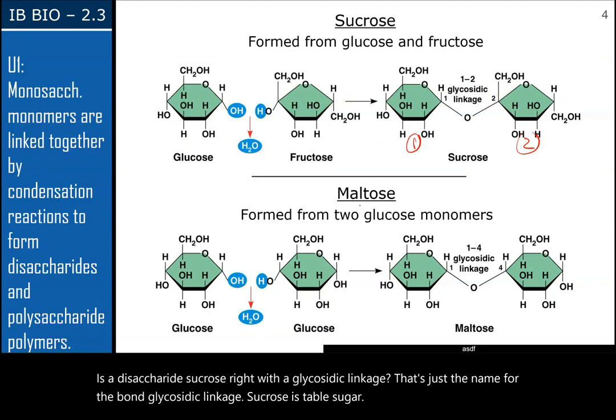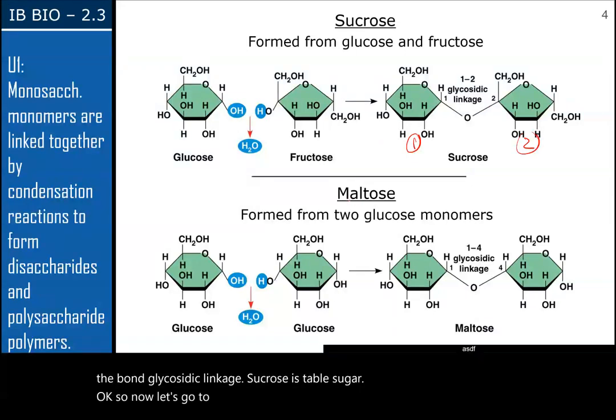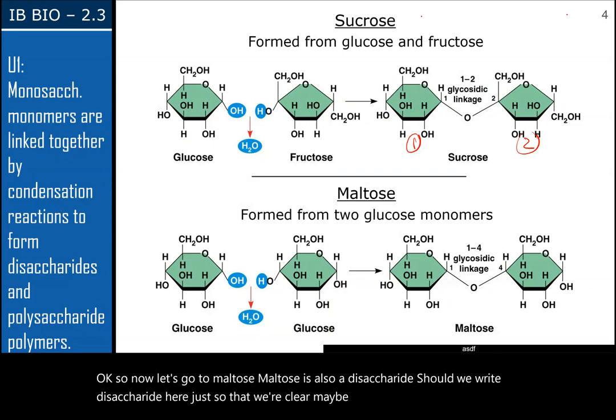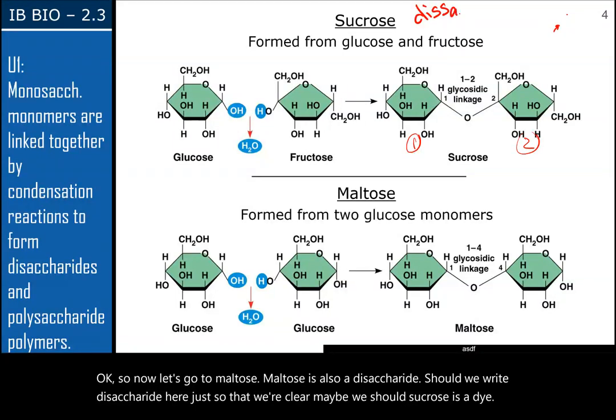Okay, so now let's go to maltose. Maltose is also a disaccharide. Should we write disaccharide here just so that we're clear? Maybe we should. Sucrose is a disaccharide, right?